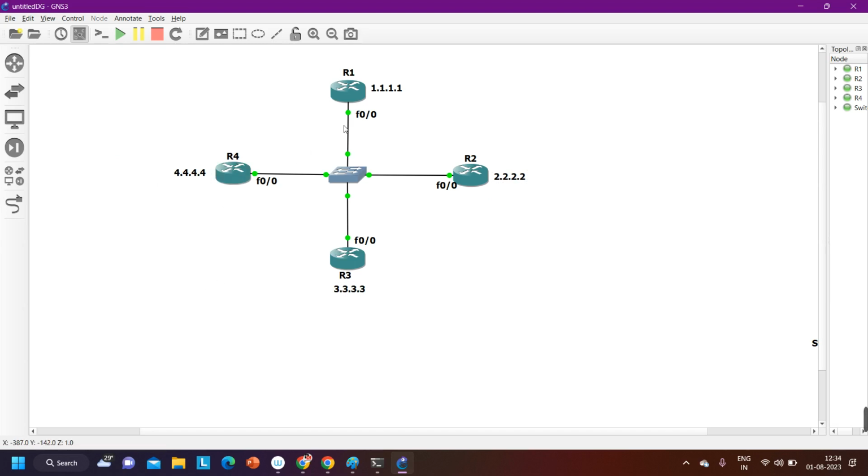Okay, let me configure. In this segment I need to use one network. So let's say I am using here network 192.168.10.0/24. This is the network of this segment. The IP address of router 1 is, let's say, 10.1, and 10.2 is the IP address of router 2.